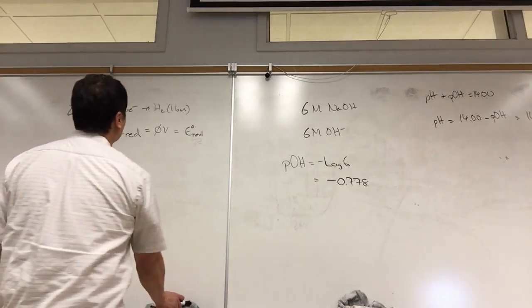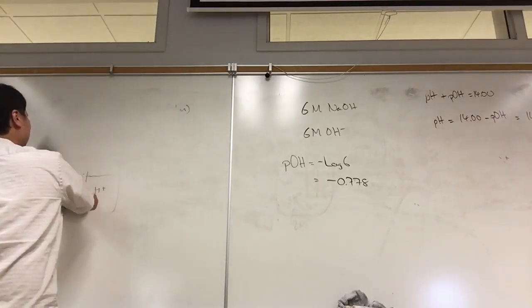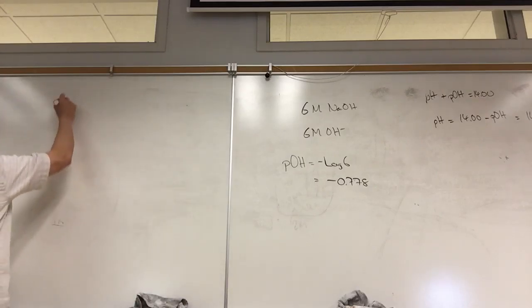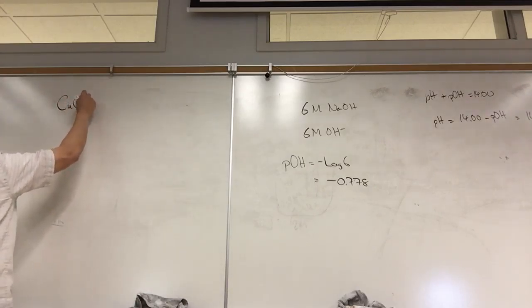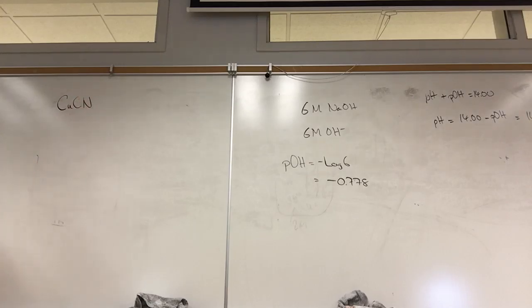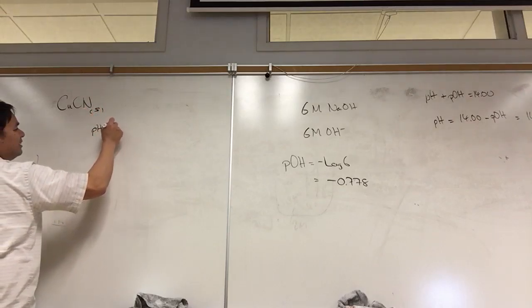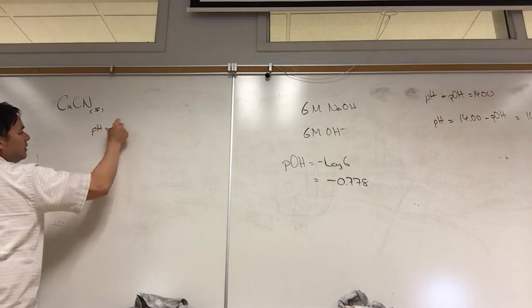Anyone look at chapter 7? That question's in there. CuCN at pH 3.